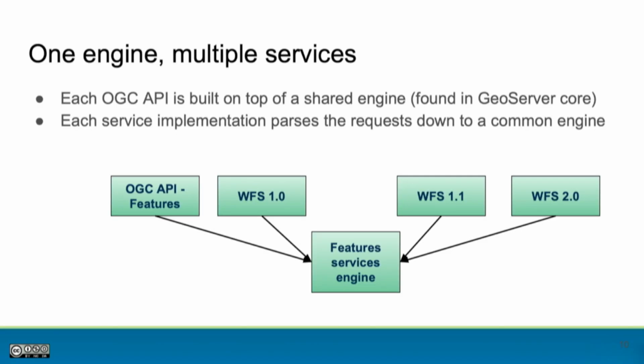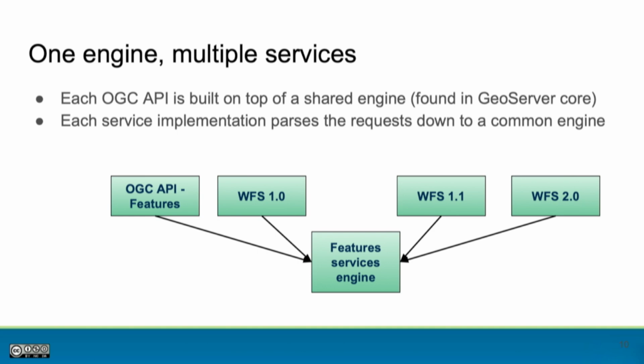So for our GeoServer implementation, we've got one engine behind the scenes with multiple services. So we've got our feature engine, which hides behind all our WFS services, and OGC API features is listed right alongside of them. So if you disable WFS right now in GeoServer, OGC API features gets disabled as well.